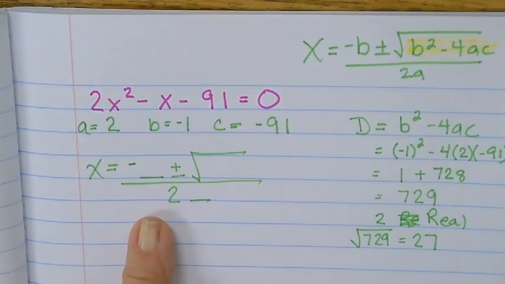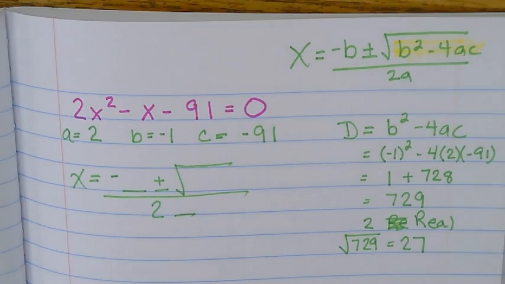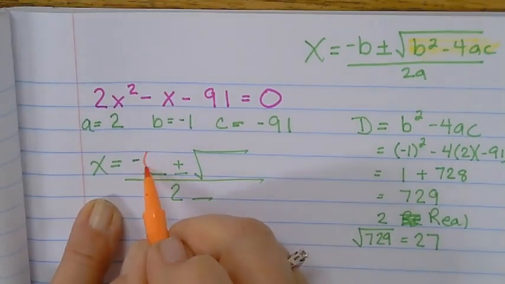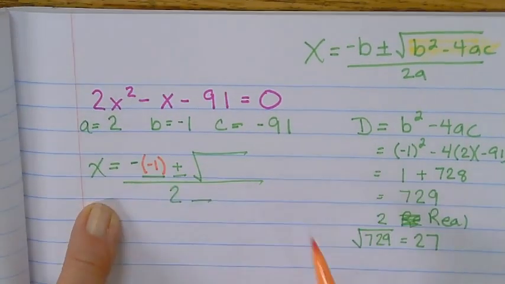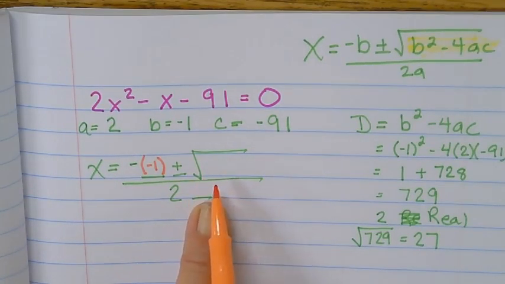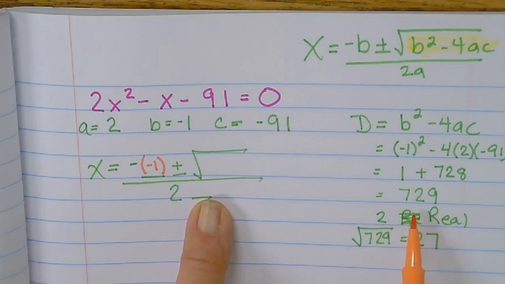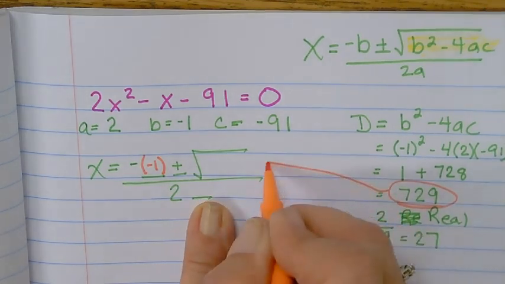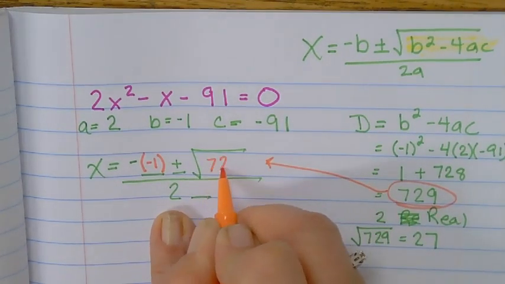So this is negative b. What is our b? Negative 1. So put in a negative 1. Now, this is b squared minus 4ac, right? Did I already do that? Yeah. So I'm just going to put that 729 right in there.